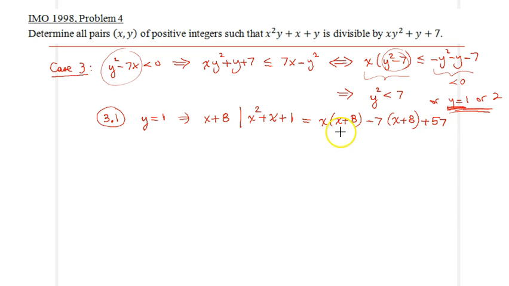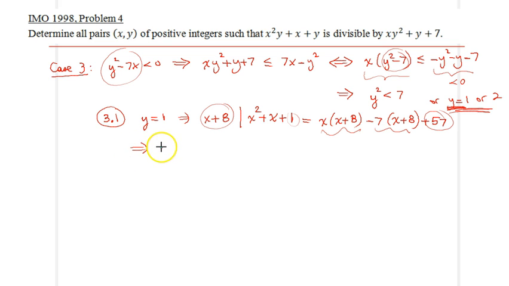So that should work. x squared, that's correct. Plus 8x minus 7x, that works. Minus 56 plus 57 is plus 1, so that's correct. But then if x plus 8 obviously divides the whole thing, it divides the first term, the second term, it must divide 57 as well.